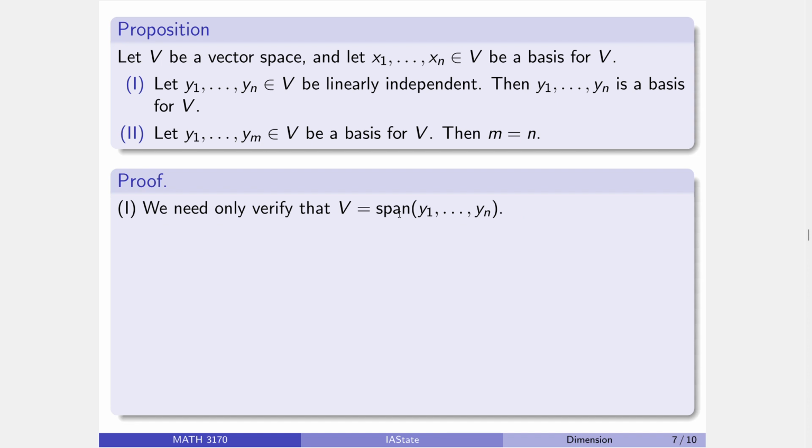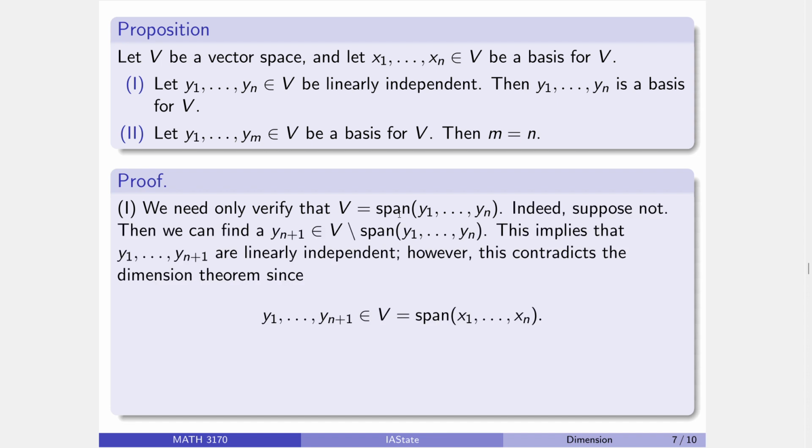That's what ensures that it's a basis. If it doesn't span, I can find something outside the span, and as we know, we can then make a larger linearly independent set. But that's going to violate the dimension theorem, because then I'll have n plus 1 linearly independent things in a span made using n elements, which we know we cannot do. If you are in the span of a set of n elements and you're linearly independent, you cannot have more than n things.